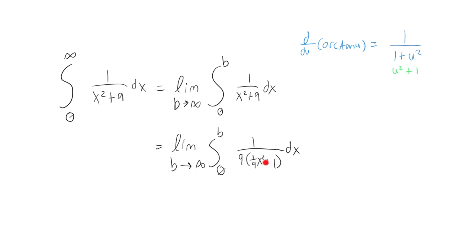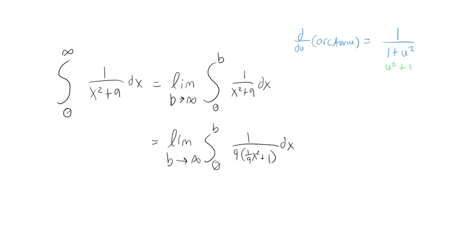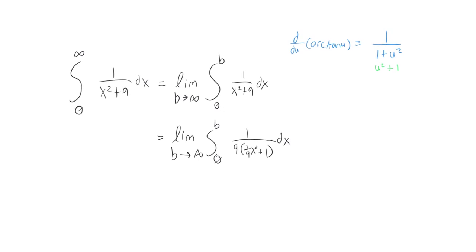Now we have gotten a little closer to resembling this. We do have a perfect square plus 1, and over here is also a perfect square plus 1. At that point, we can bring the 1/9 out to the front, so we could say the limit as b approaches infinity with a 1/9 here.